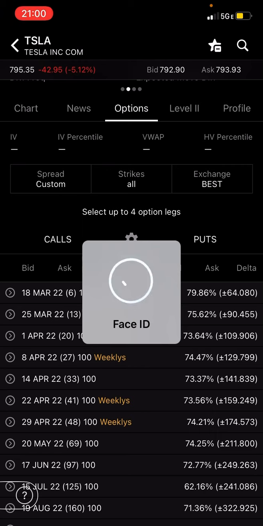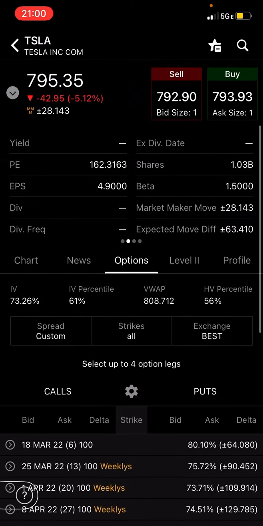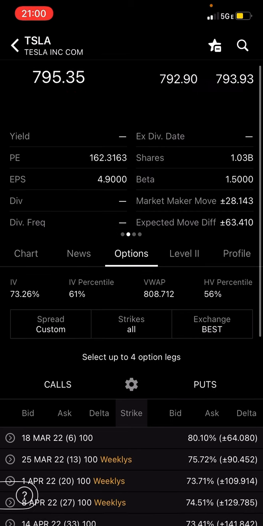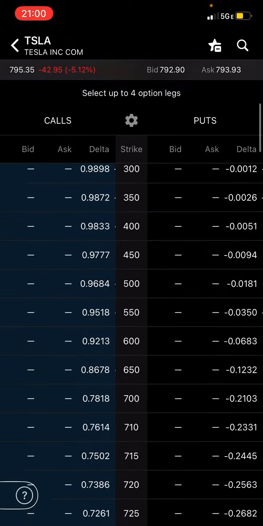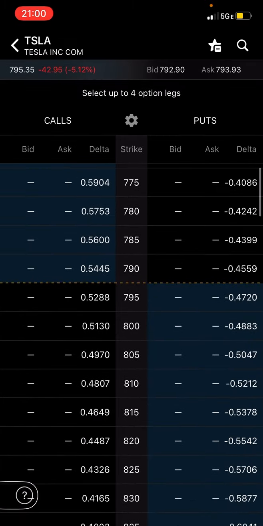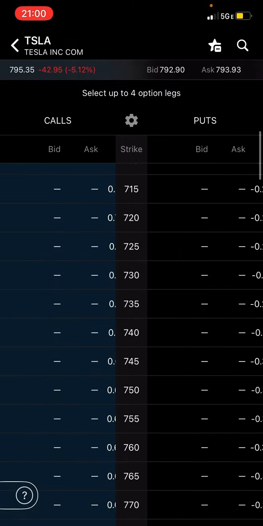So here's Tesla. As you can see, it's at 795. That was what it was at market close. So you look at April 1st. The expected move is 109. But I think I'm going to do the 725 strike.